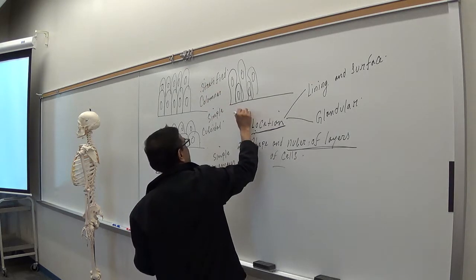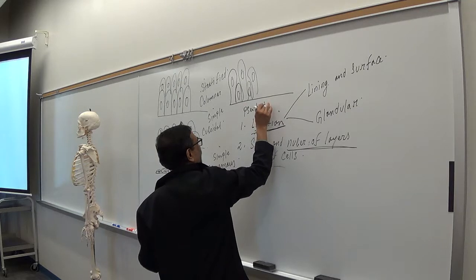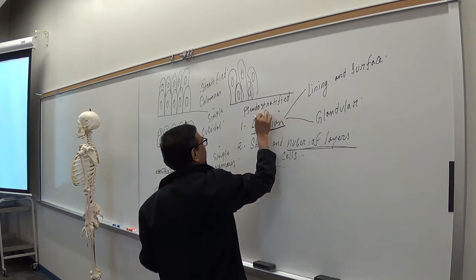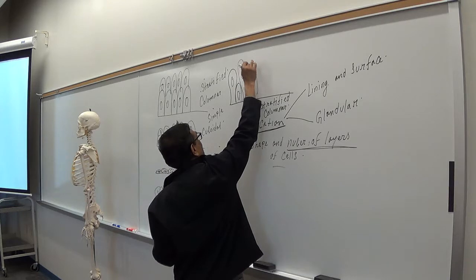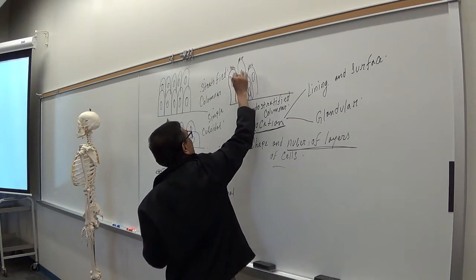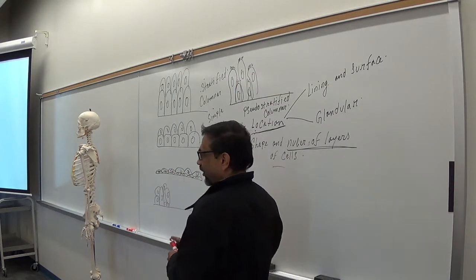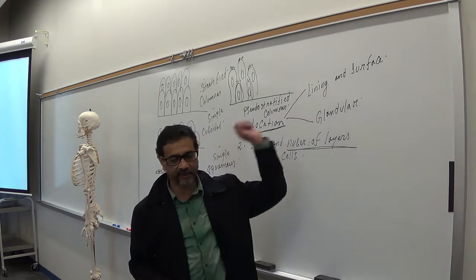Okay. So this is pseudo-stratified columnar. Usually we see cilia on pseudo-stratified columnar cells. Okay. Make sense? So that's how we classify the epithelial tissue.